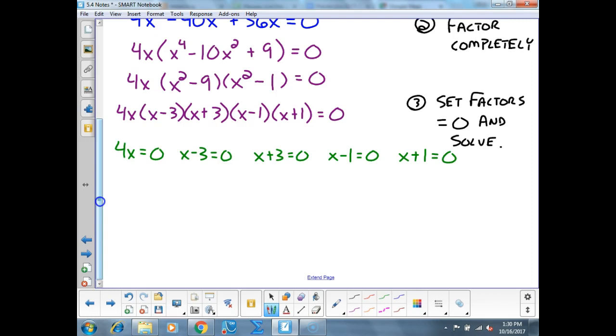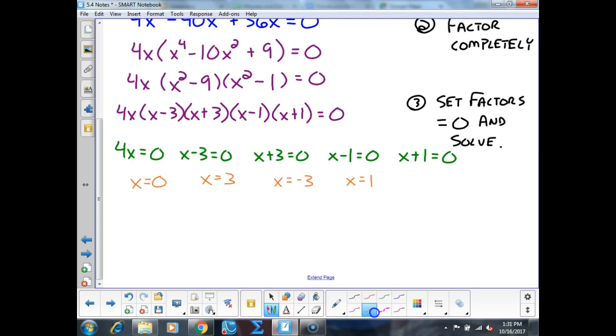Okay? Now I got to solve those. So on this one, I would divide by 4, giving me x equals 0. On this one, I'd add 3 to both sides, giving me x equals 3. On this one, I'd subtract 3 from both sides, giving me x equals negative 3. On this one, I'd add 1, giving me x equals 1.